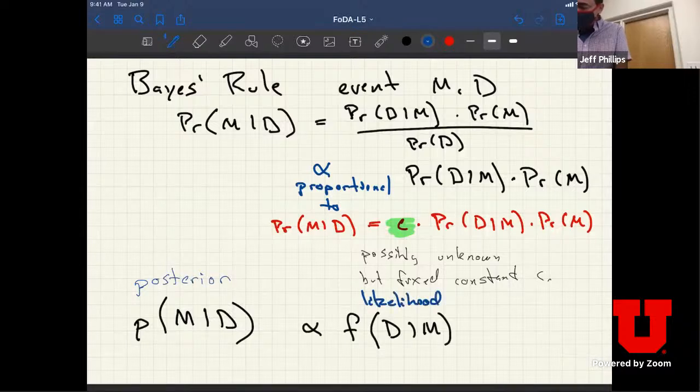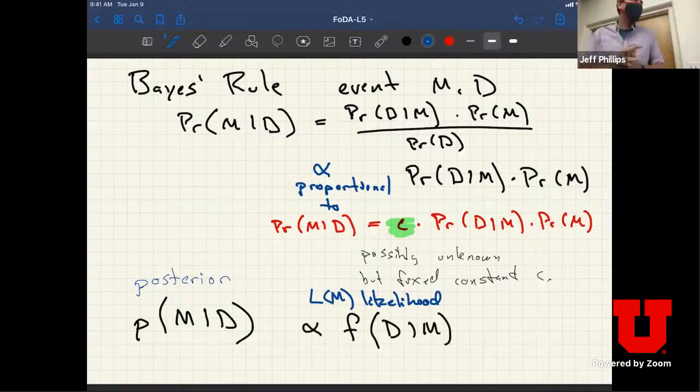We had written this before as, if we just want to emphasize that this is a function of the model, uppercase L of M, but we'll just write this as lowercase f. This is to remind you that when we wrote a PDF of a random variable, we always used lowercase f. We will typically be able to write this as a product of simple PDFs of random variables.